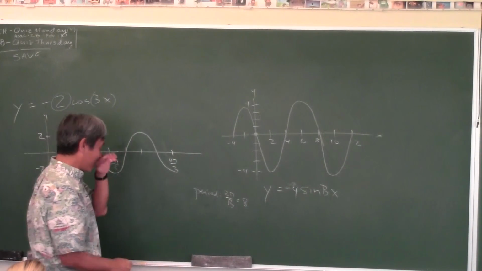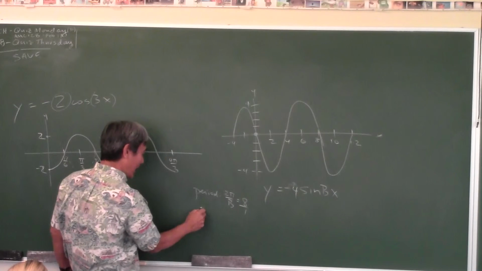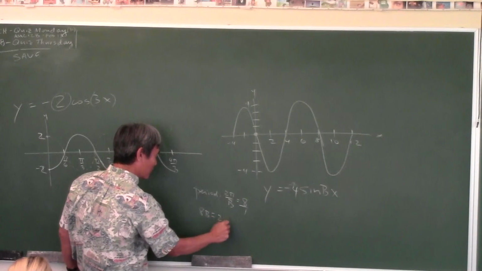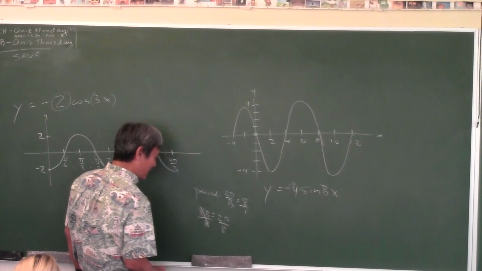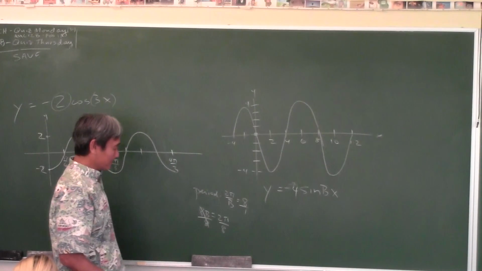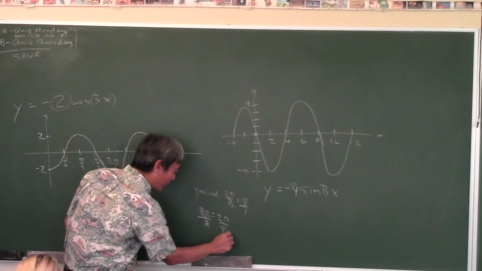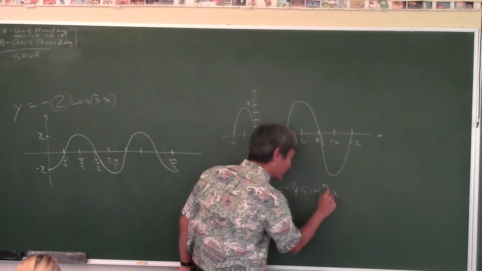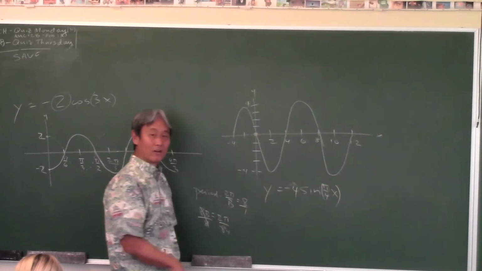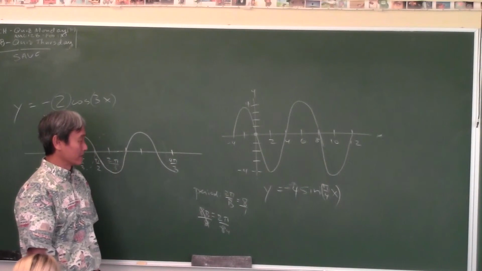Therefore, b has to be what? Well, if you cross multiply, 8b is equal to 2 pi. Therefore, divide both sides by 8. What is b? If you reduce that down. 2 goes into 8 4 times, pi over 4. So this is pi over 4. There you go. That's the equation.